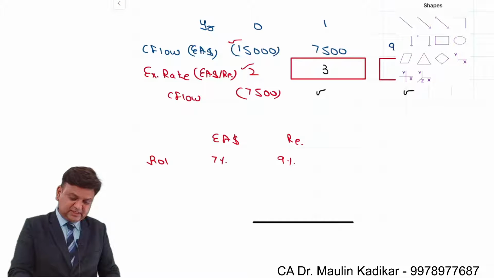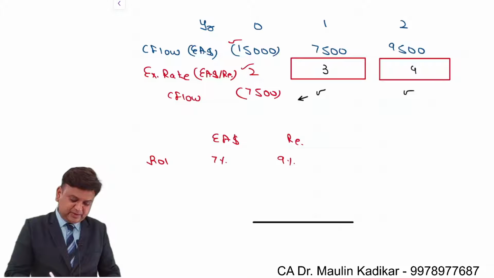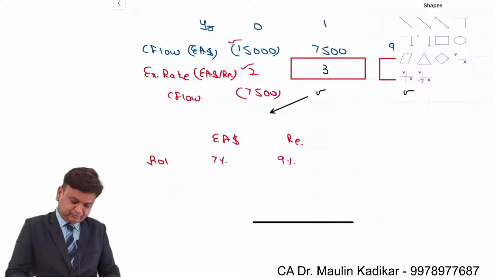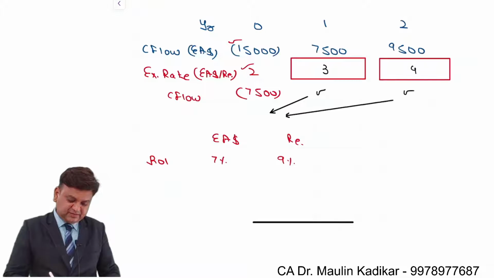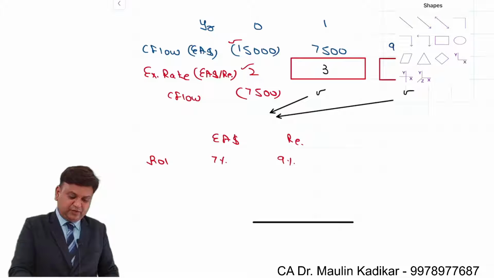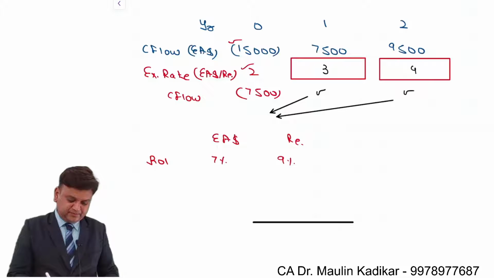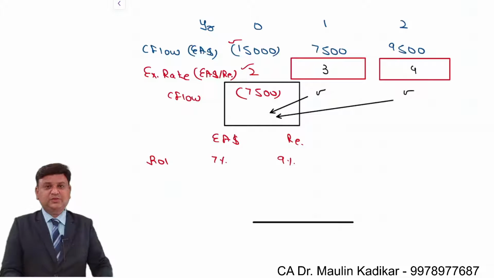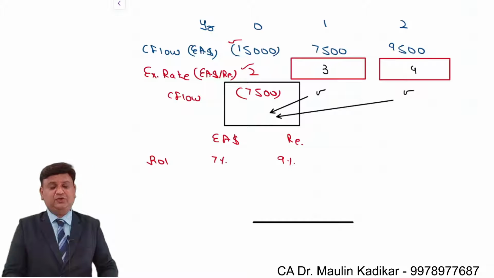Now using that as a discounting rate, we'll compute the present value. Whatever is the present value of the cash inflow from that investment would be deducted for the purpose of NPV calculation. If NPV is positive, we will say that yes, we should accept the project. Otherwise, the project should not be accepted.